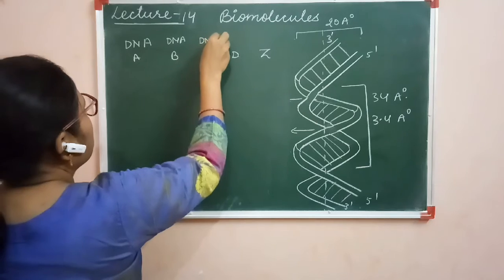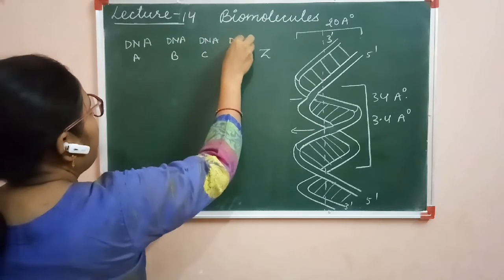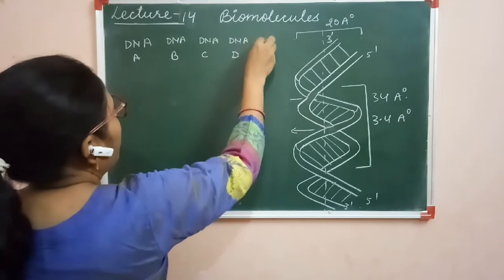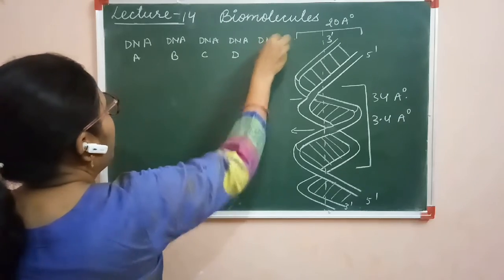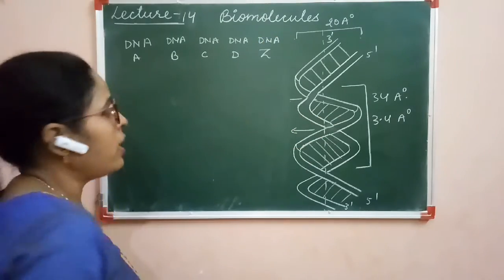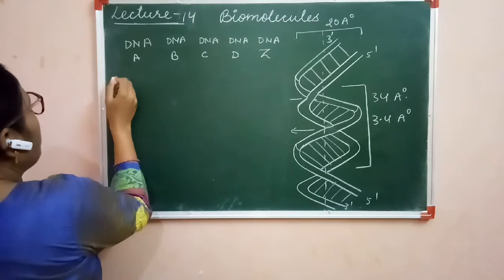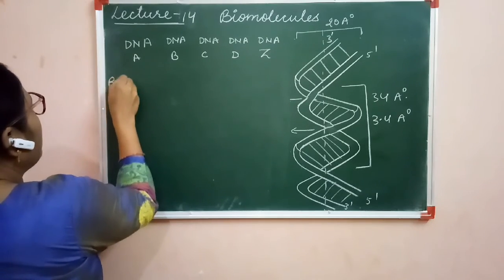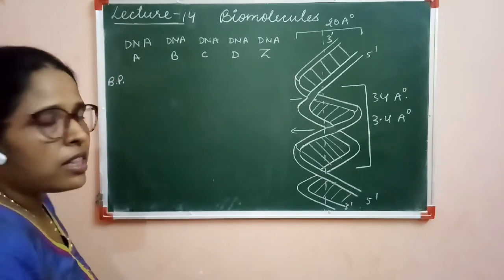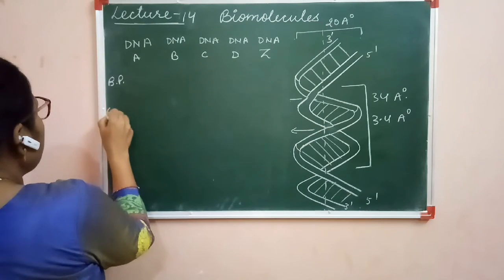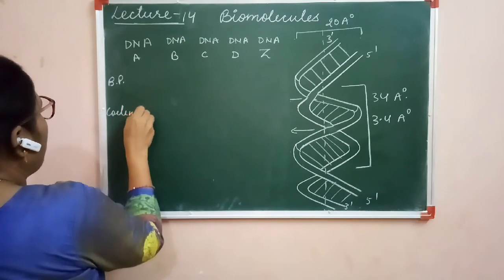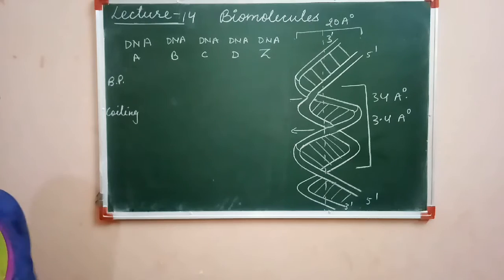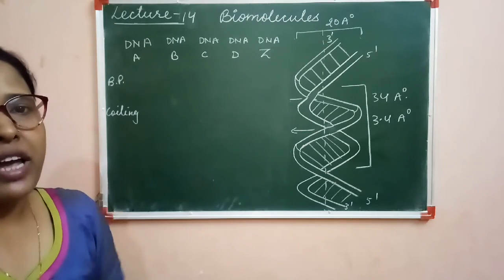We had drawn the structure of DNA B, which was the most common, and it is given by Watson and Crick. This is the structure of DNA B. So the number of base pairs per turn, how many base pairs are there, and which type of coiling is there. On this basis, the DNA is of 5 types.